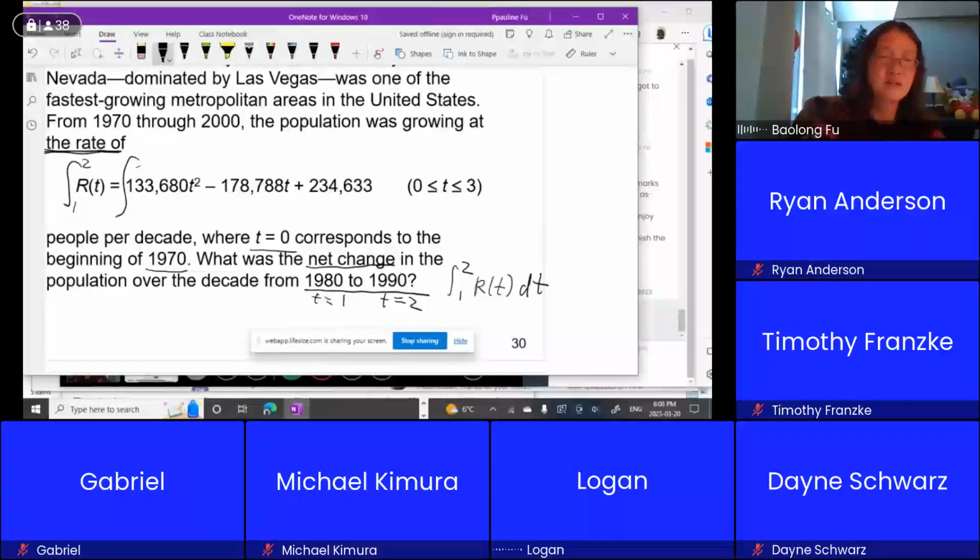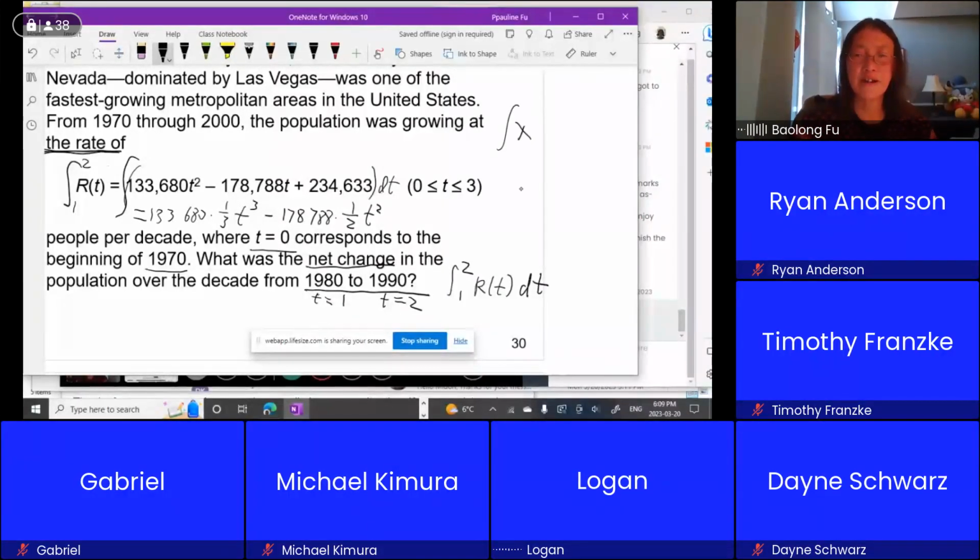This part is a constant, then t squared gives 1 over 3 t cubed, minus, copy down the constant, t, and 1 over t squared.